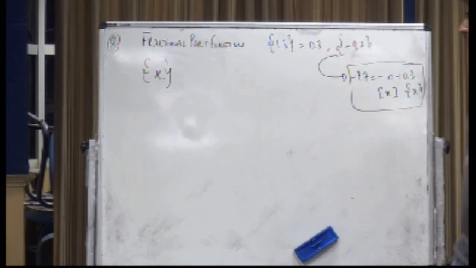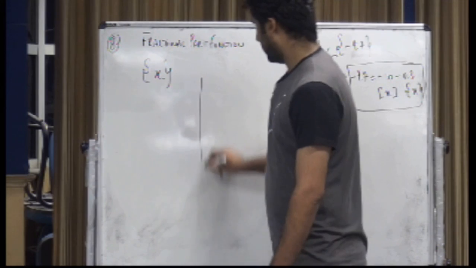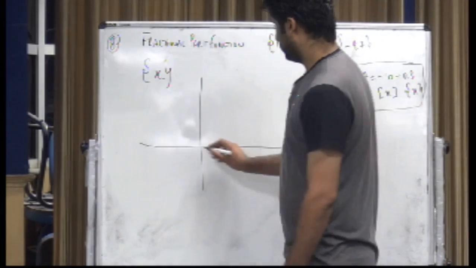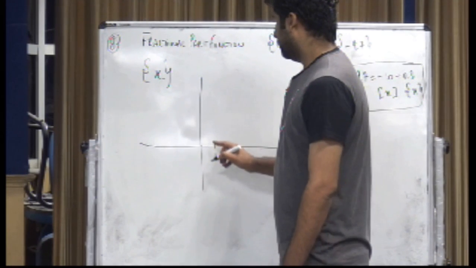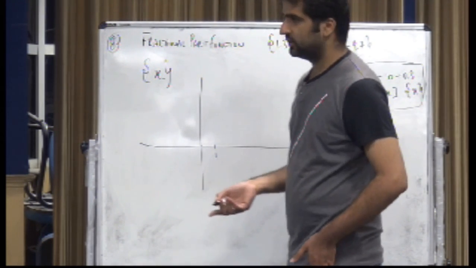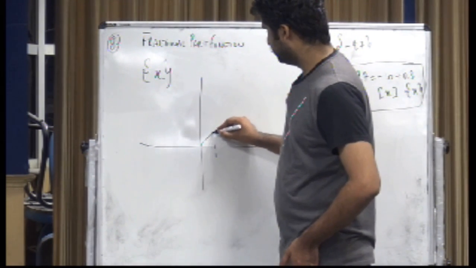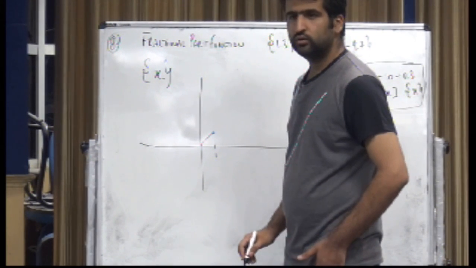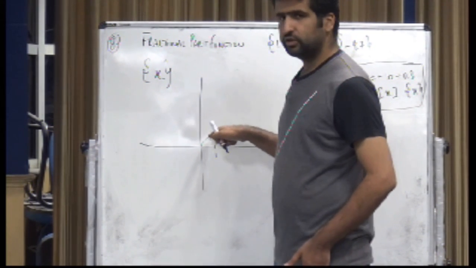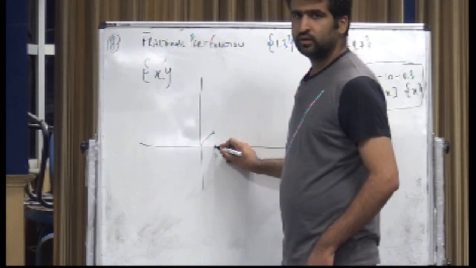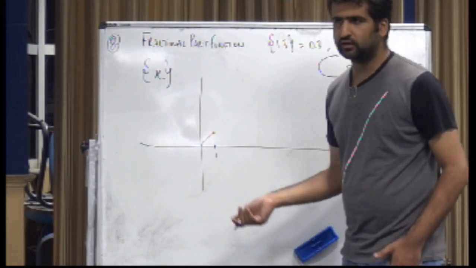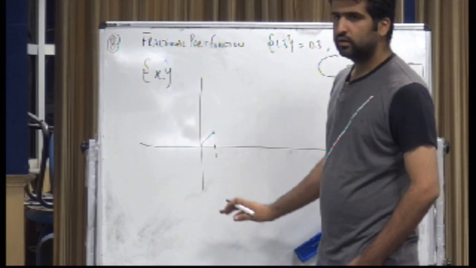Right? So how to make the graph of this one? For all the numbers lying between 0 to 1, the fractional part will be equal to the number itself, right? So here it will be equal to 0, 0.5, 0.9 and so on. When we reach 1, now 1 has no fractional part, therefore the fractional part of 1 will be 0.